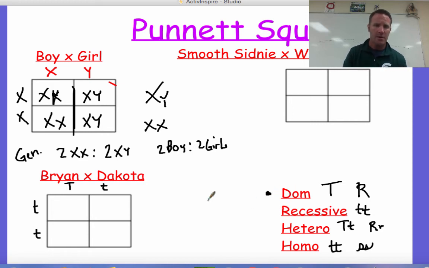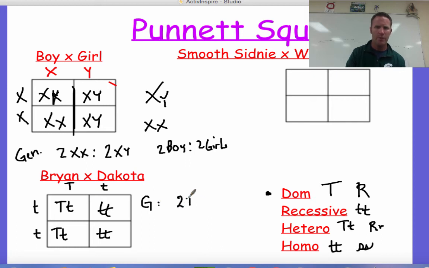So look at our cross between Brian and Dakota. We have big T, little t, big T, little t, little t, little t, and little t, little t. So my genotypic ratio is 2 big T, little t to 2 little t, little t. What letters does it have for genes?